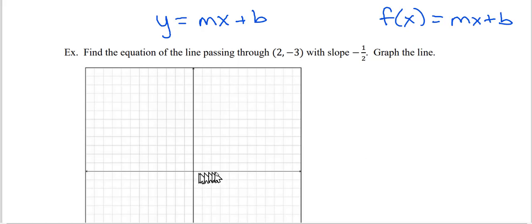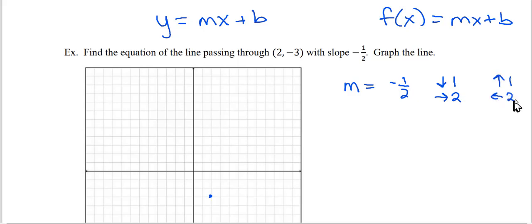It passes through (2, -3), which is down here. If the slope is -1/2, I'm going to think of that as going down 1 and to the right 2, or up 1 and to the left 2, if it's 1 over -2 is where that comes from.